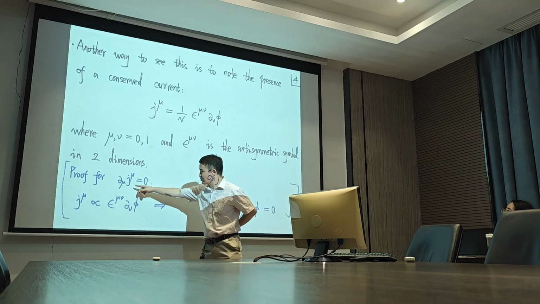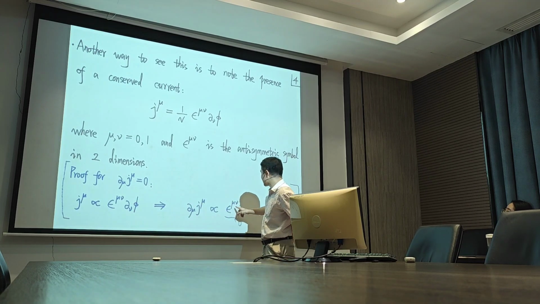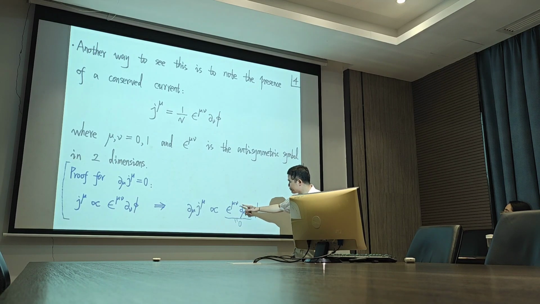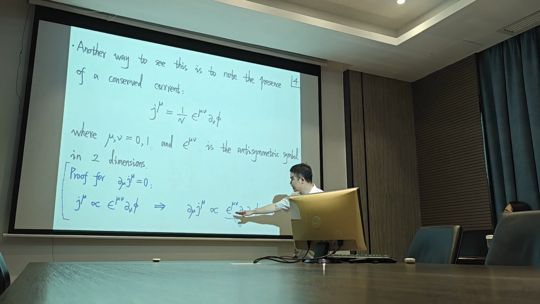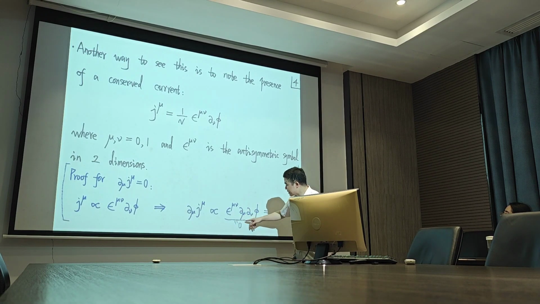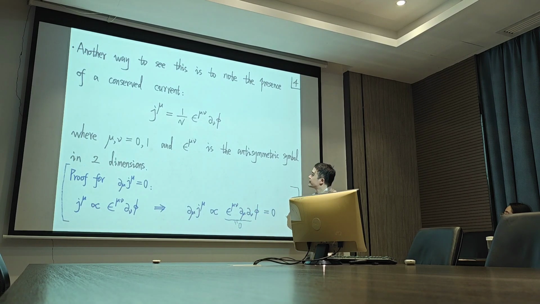It will be conserved because epsilon mu nu is antisymmetric, while the second derivative is symmetric in mu and nu. So this combination is 0.